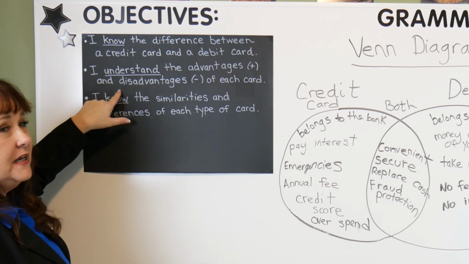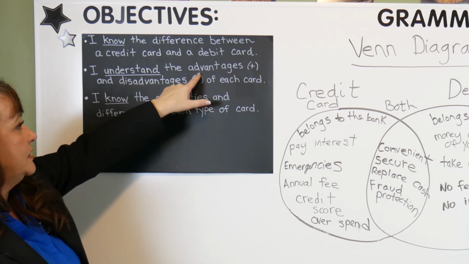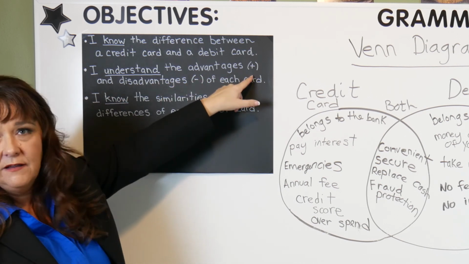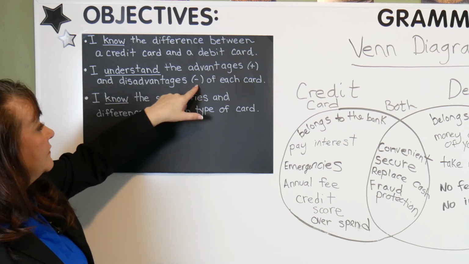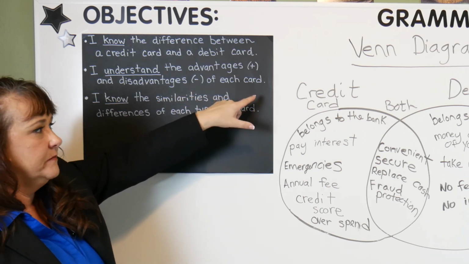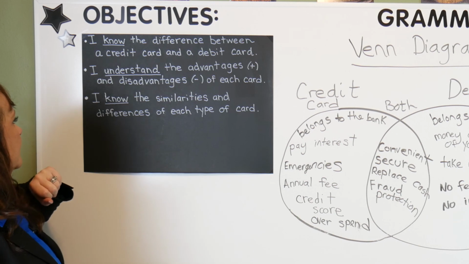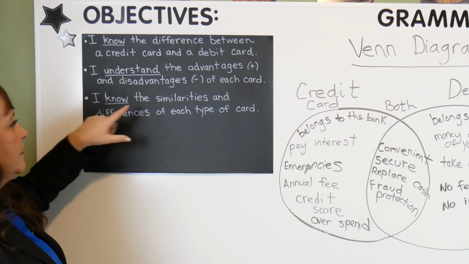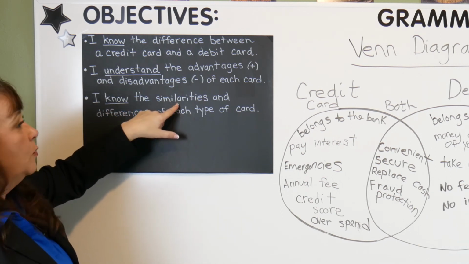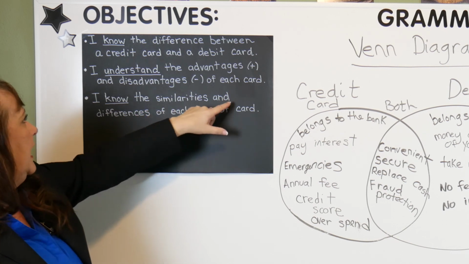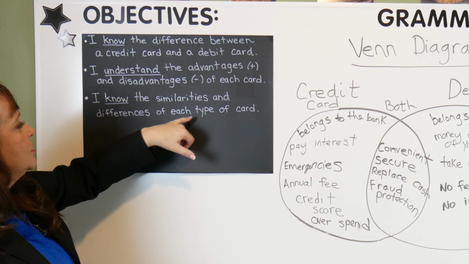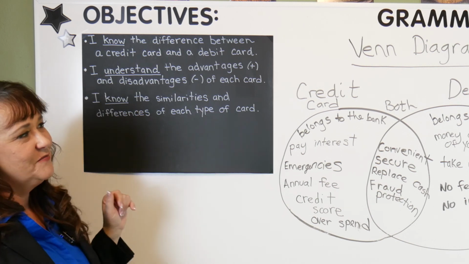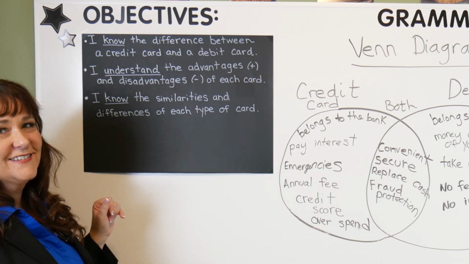I understand the advantages, which are positive, and the disadvantages, which are negative, of each card. I know the similarities, what is the same, and the differences of each type of card. I think you've got it.